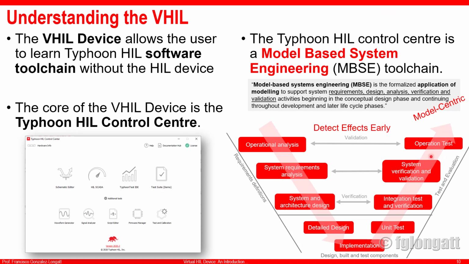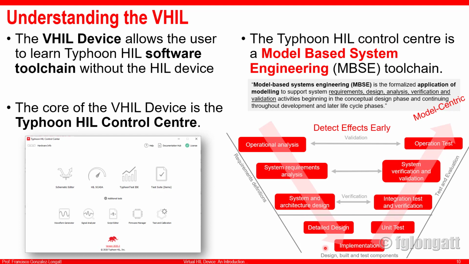Here you have a short diagram showing you the several steps during the development of a system engineering project. Here at the very early stages, system requirements definition, of course you can have some troubles. And if you have those problems over here at this stage, of course the economical impact is very low.